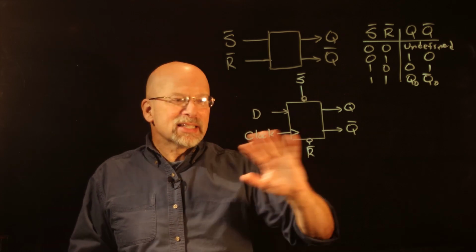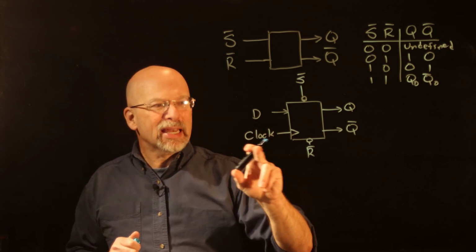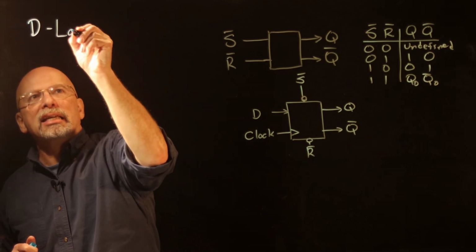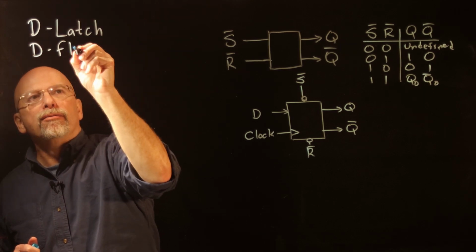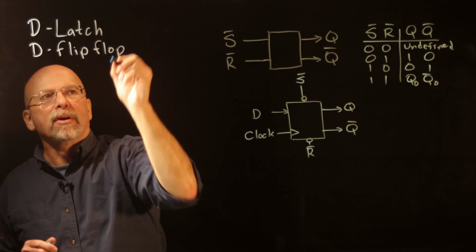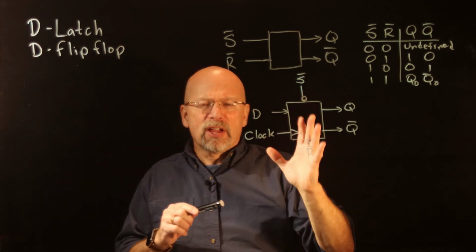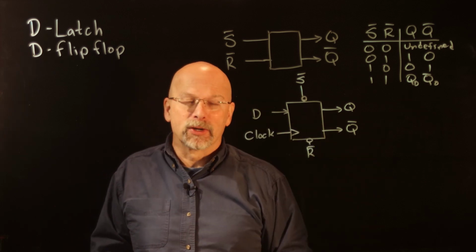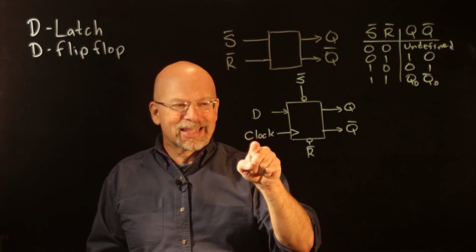Now, this circuit actually goes by 2 different names depending on this clock. It could be referred to as a D latch or a D flip-flop. They're slightly different, but the end result is very much the same. We're storing some data in the box, and that data we're going to find at Q. The question is this clock.